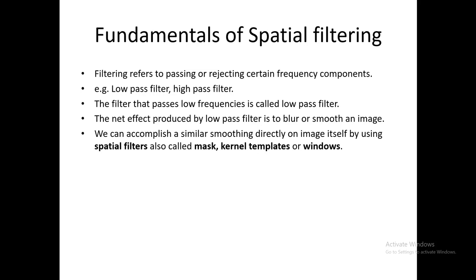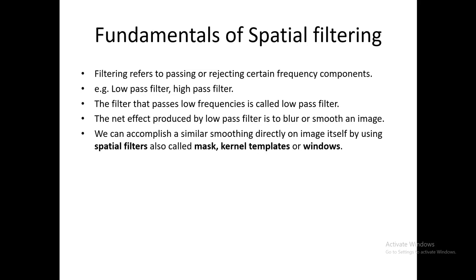The filter that passes low frequencies is called a low pass filter, the filter that passes only the high frequency components is known as the high pass filter, and the filter that passes frequencies of a certain range is known as a band pass filter. Here we will be discussing in more detail the low pass filter and high pass filter.